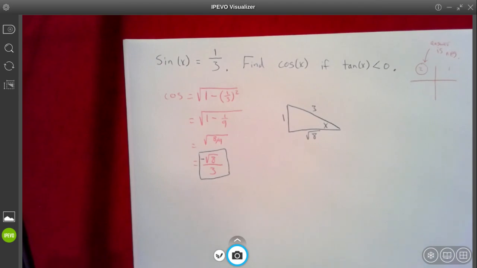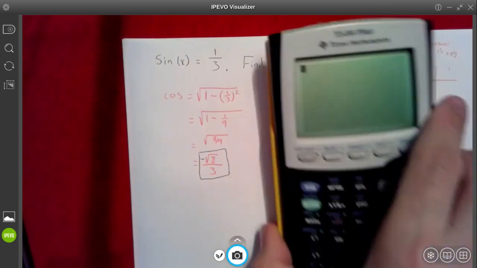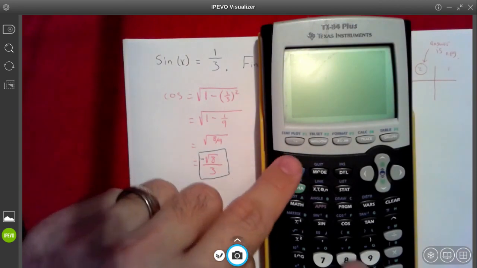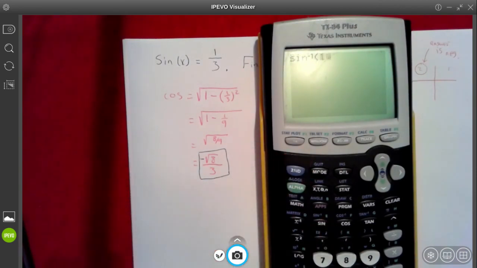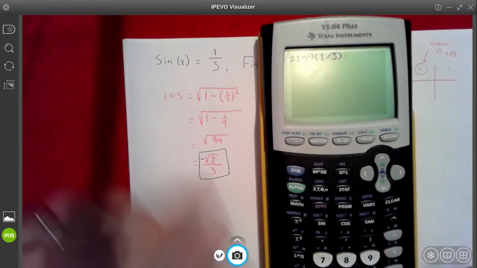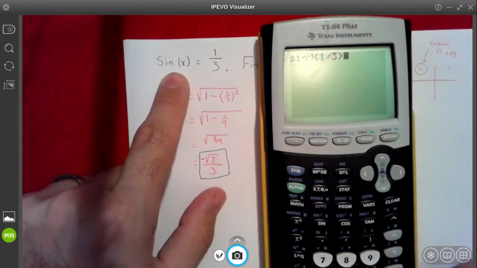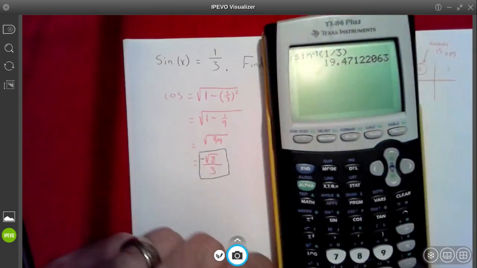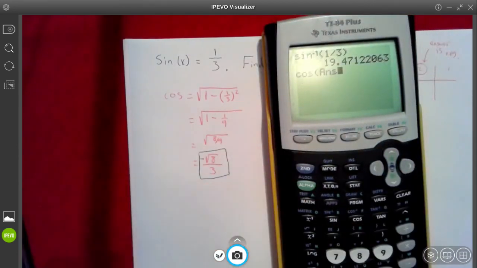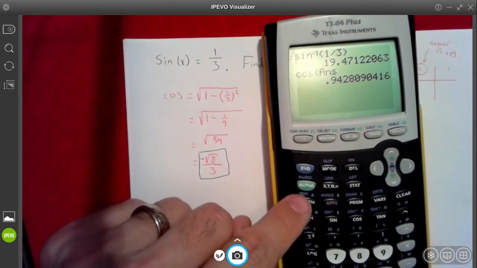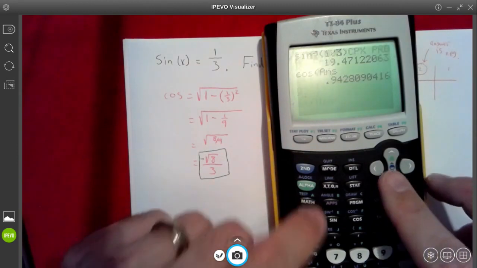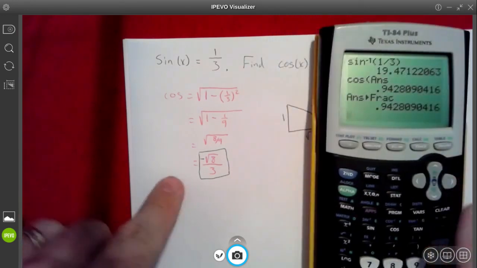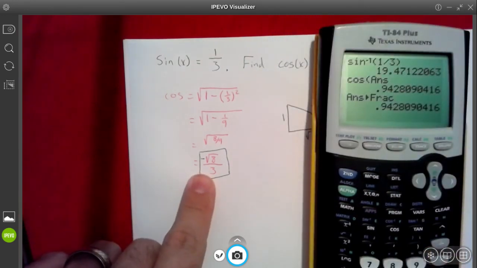But this is where the calculator fails. If you do the sine inverse of 1/3, this is going to tell us what our x is. This is going to tell us our angle. Normally we would do cosine of my last answer. But we can't do that thing like we did last time where we were able to turn it into a fraction, and that's because our answer is not a rational number.